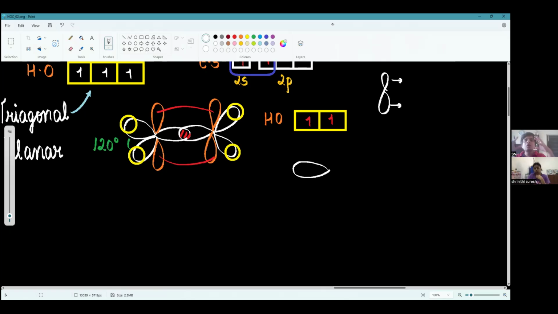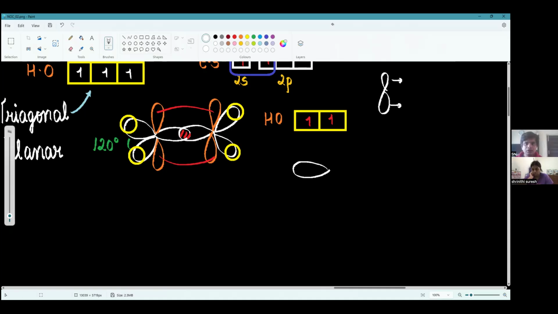Why? Because if the lobe which is going for overlapping is larger in area, then the extent of overlapping will be more. And remember, in our last lecture we had done that during VBT, the extent of overlapping decides the strength of the bond. So if we want a stronger bond, the extent of overlapping should be more.